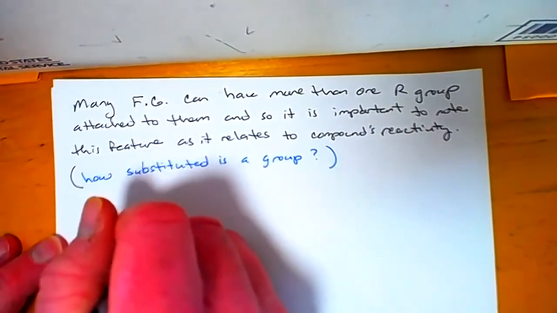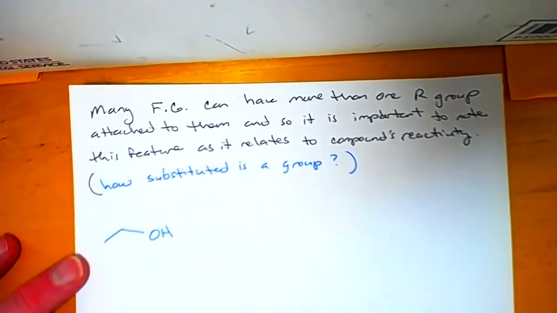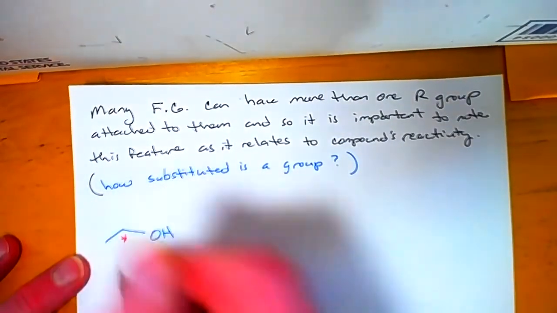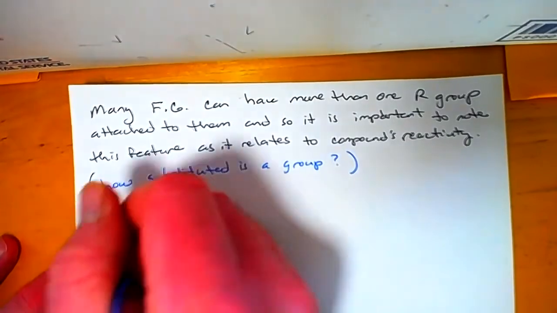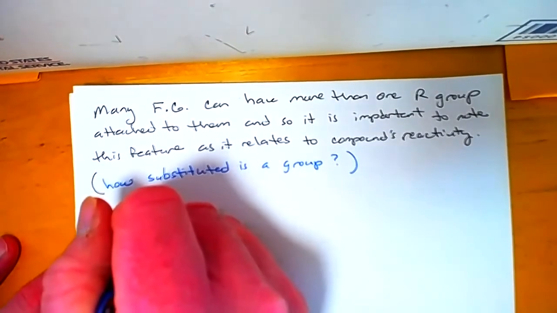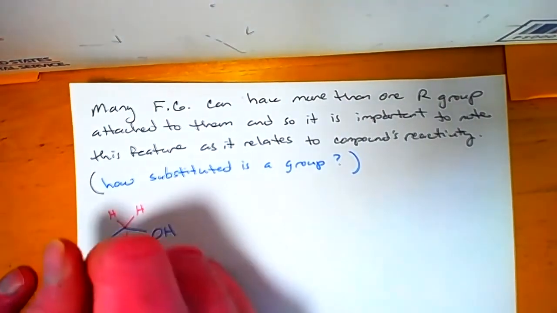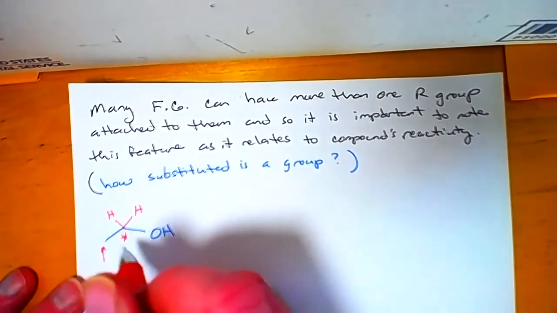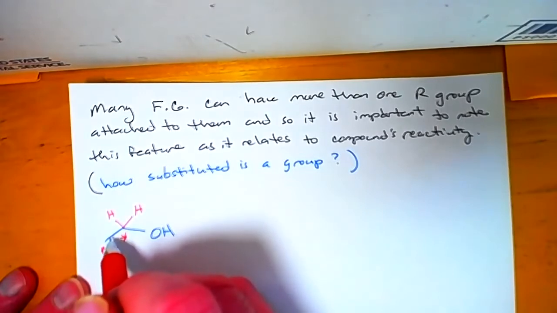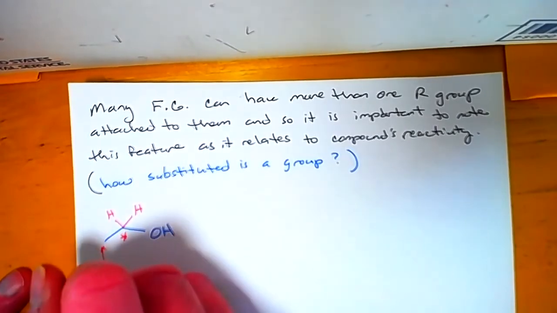Okay, so we're going to start off with alcohols. So if you have an alcohol, look at the carbon that is bonded to the alcohol, and look at how many hydrogens are bonded on that carbon. Notice that there is only one non-hydrogen atom here.